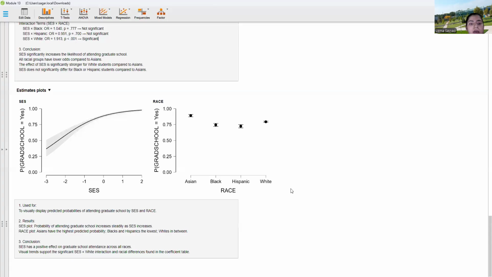Part 2 reveals persistent racial disparities and shows that socioeconomic advantages do not benefit all racial groups equally, with White students experiencing a stronger positive effect of SES. Overall, these results highlight the complex and intersecting influence of academic skills, socioeconomic background, and race on access to graduate education. Thank you for listening.